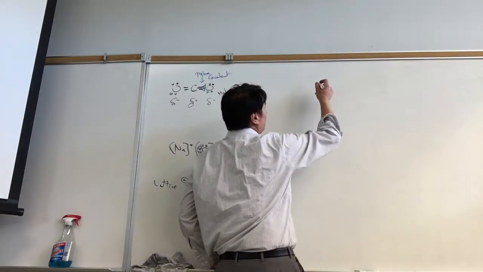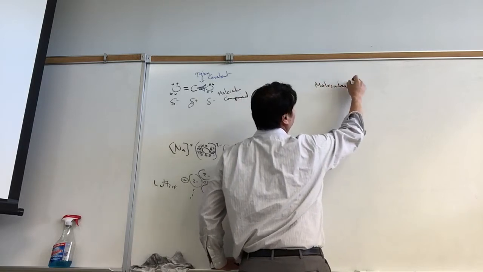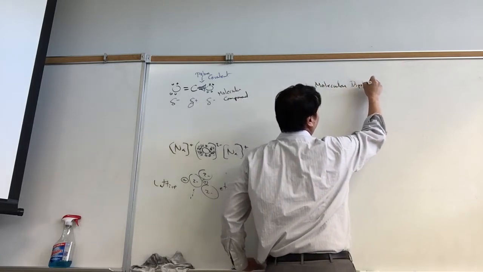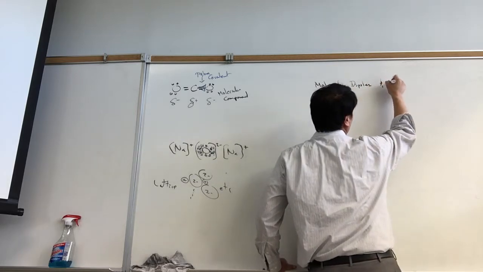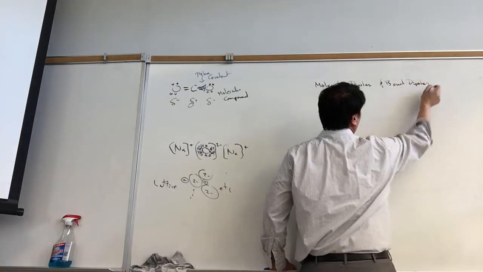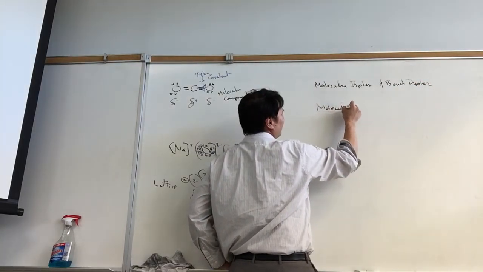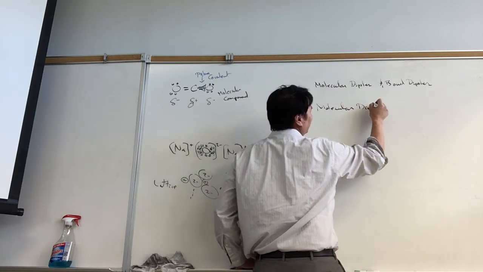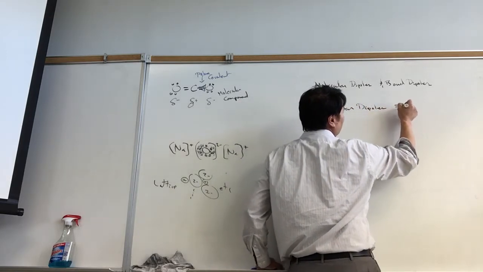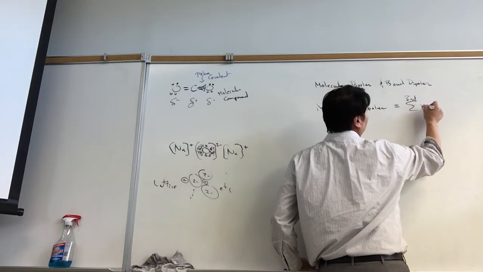Well, in addition to bond dipoles, we have molecular dipoles. Molecular dipoles can be measured as well. To generate those, the molecular dipole is just equal to the sum over 3 dimensions of all the bond dipoles.